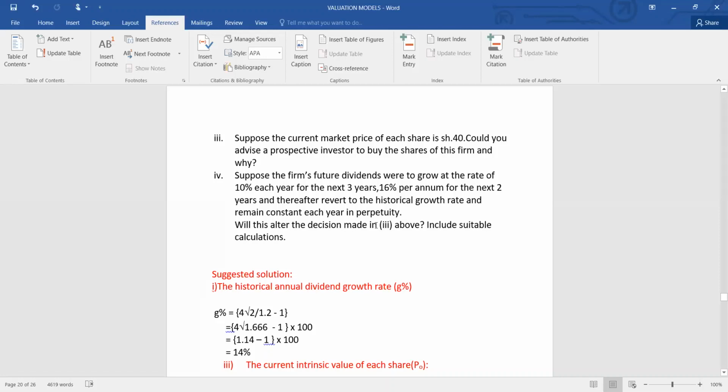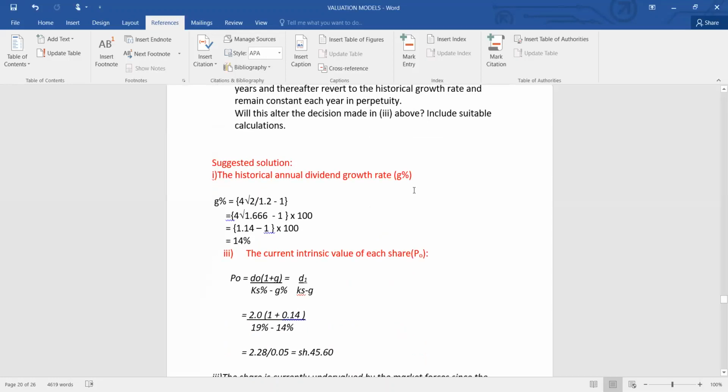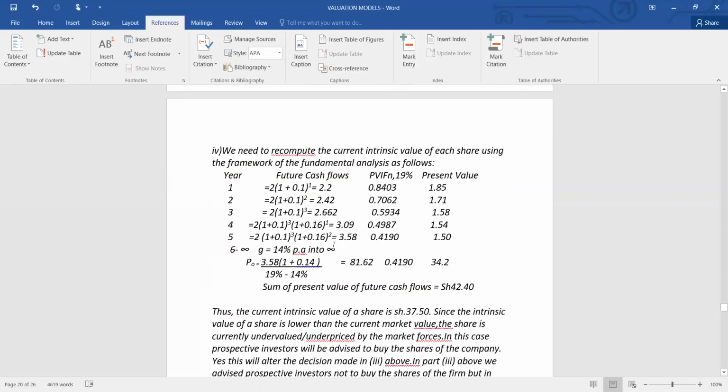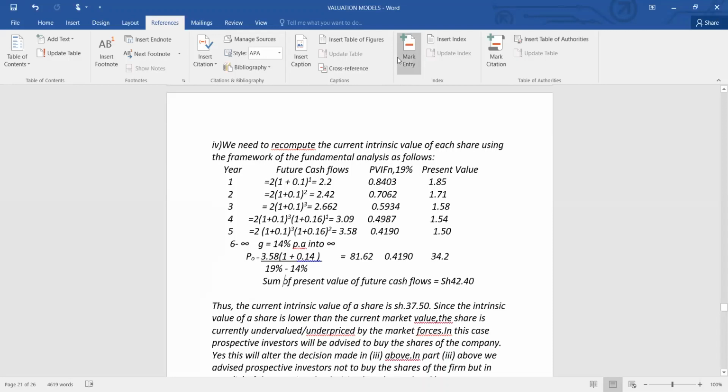Now, when we bring in this aspect of growth rate occurring in perpetuity, then we bring in the dividend growth model. You see, I've introduced my dividend growth model. That's one of the conditions in which it is applied. It's applied to value equity shares in a situation where dividends are expected to grow at the same rate each year in perpetuity.